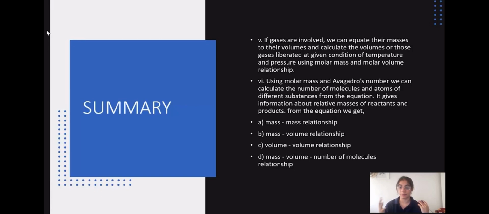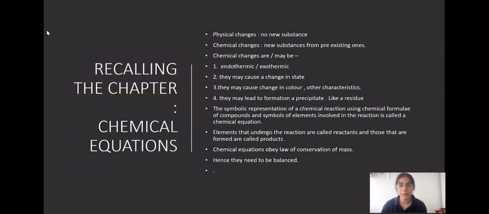So you can get a mass-mass relationship, a mass-volume relationship, a volume-volume relationship, and a mass-volume and number of molecules relationship. Because if the mass is expressed in grams, we can express it in molar form, and from molar form we can get to number of molecules. That is it for this session, and that is it for the chapter chemical equations.